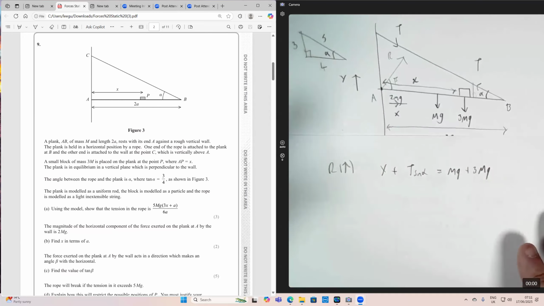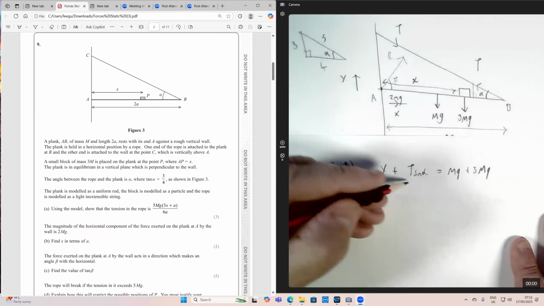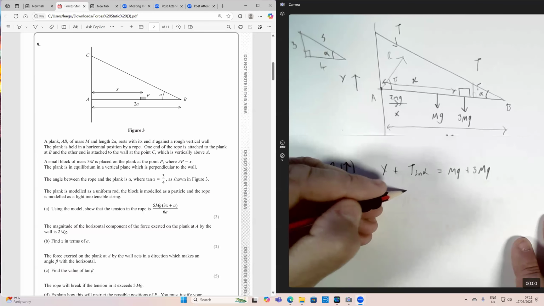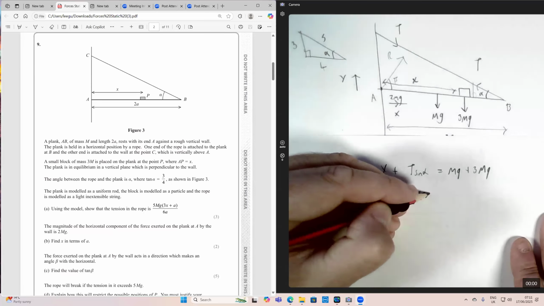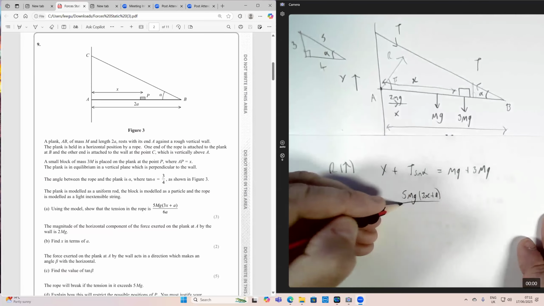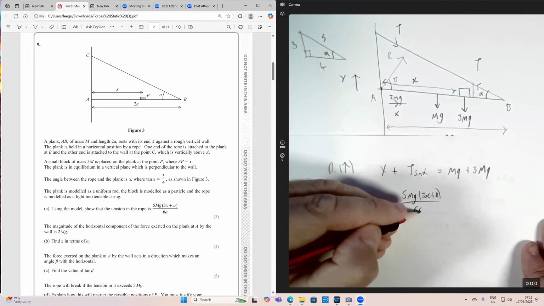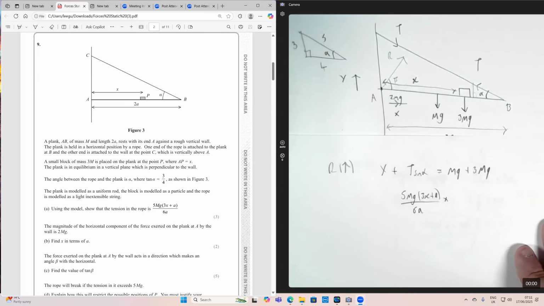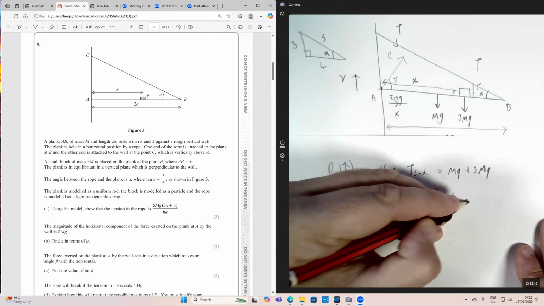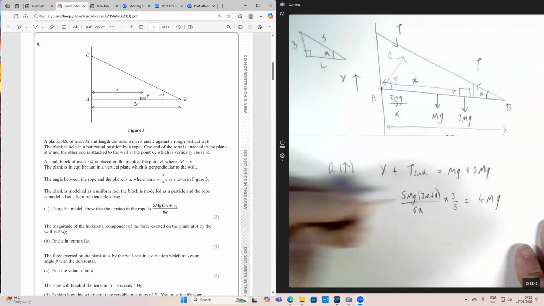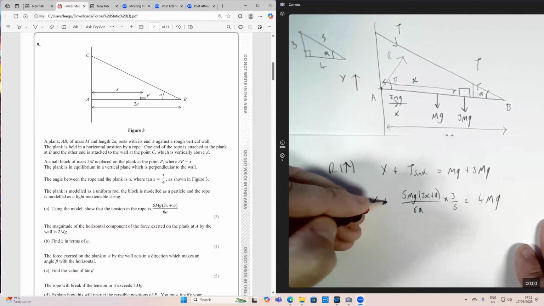So those are our forces going down. Let's sub in our T. We know that T is 5mg times (3x + a), all over 6a, times sine alpha, and sine alpha is 3/5. And that all equals 4mg, and that is our Y plus that.